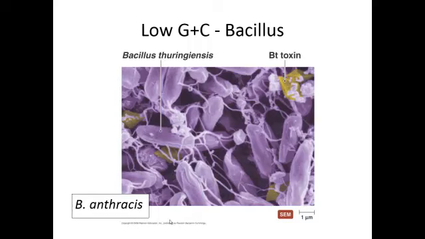And when they took cultures, most pneumonia is caused by cocci, either streptococci or staphylococci. Some of them are caused by mycoplasmas. We'll get to that later. But they kept finding these big gram-positive rods. Well, as it turns out, somebody was mailing weaponized Bacillus anthracis endospores through the mail.